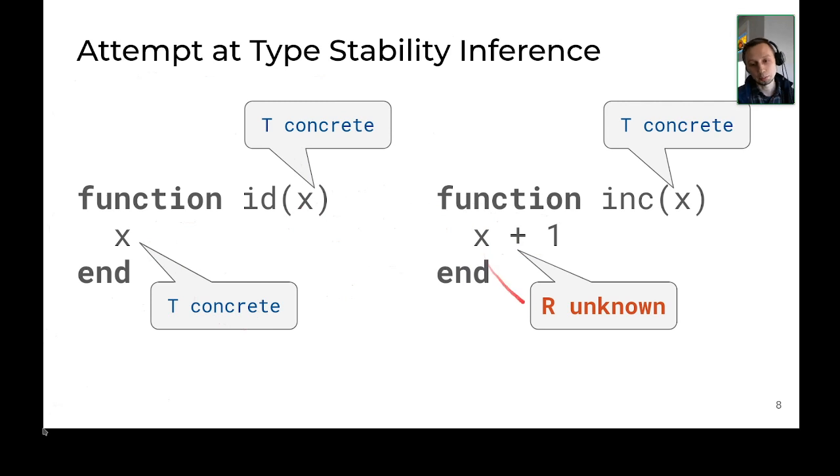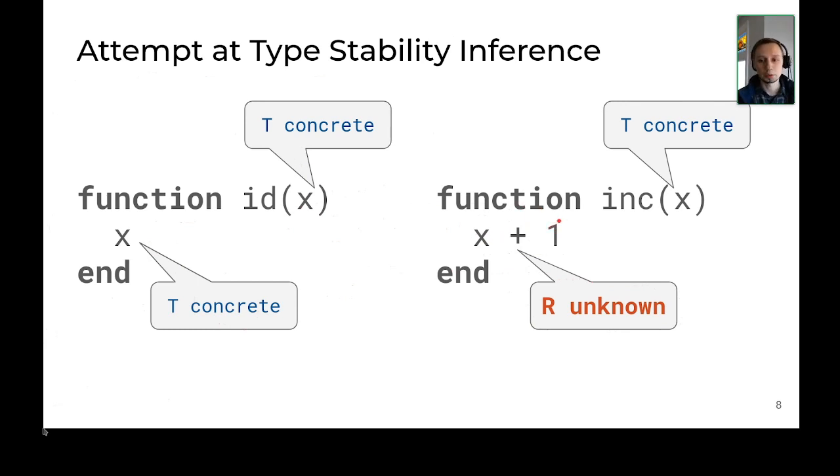So in order to reason about concreteness or abstractness of the return type, you have to be able to devirtualize, or at least reason about what you will dispatch to. In this case, this plus can be one of those 200 pluses defined in the standard library. So in order to resolve this or have some information about the return type, you have to reason about types of inputs.